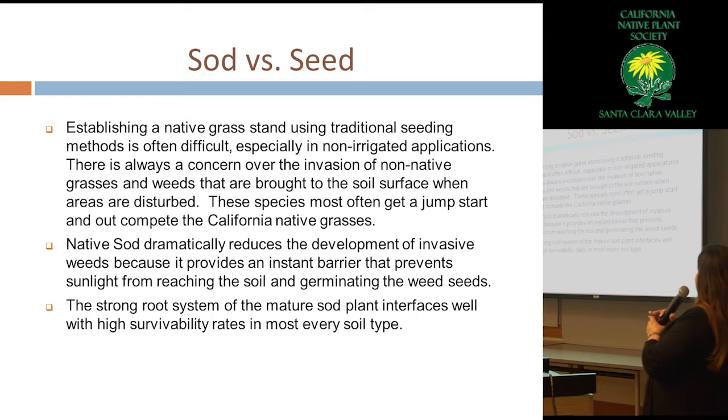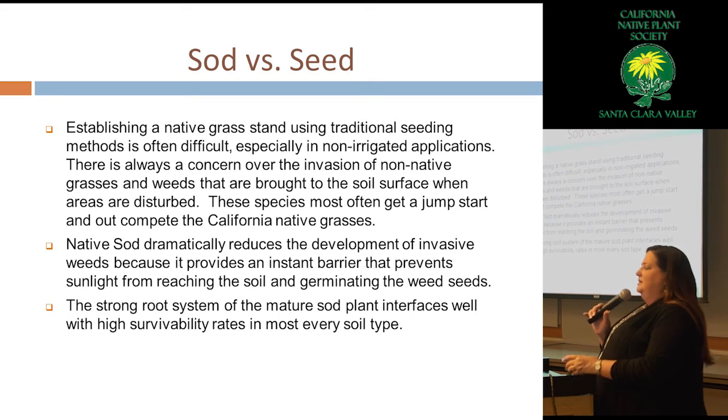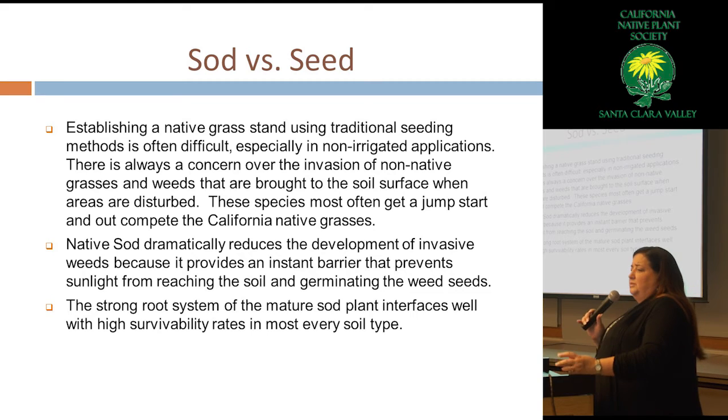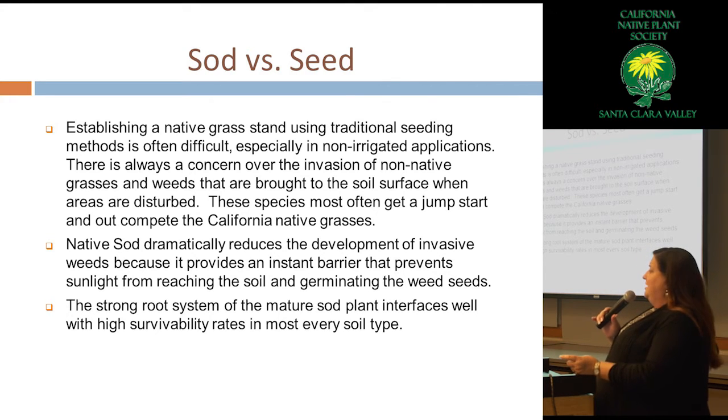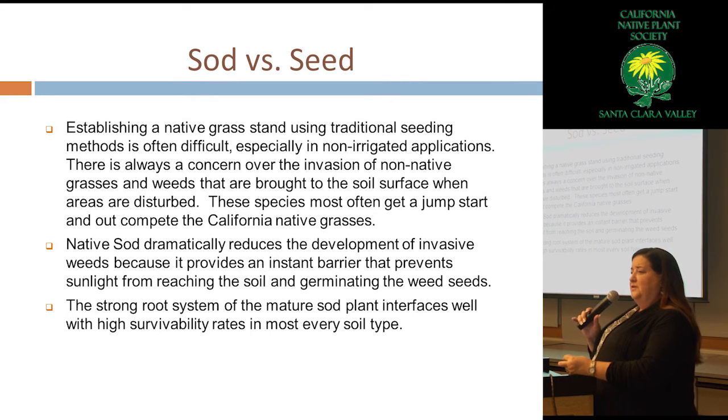I alluded a little bit to the sod versus seed thing. California native grasses are produced by really three seed producers in California. Two of them are S&S Seeds in Los Alamos, near the Carpinteria, Santa Barbara area. The other is Hedgerow Farms, up in the Dixon area near Davis.